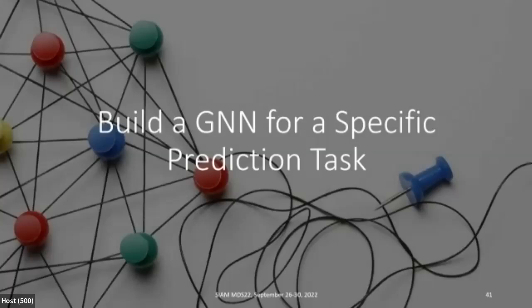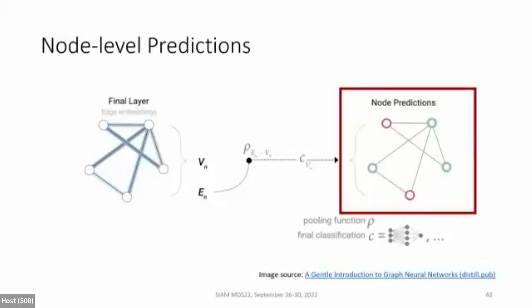The next topic I'm going to talk about is how to use this message passing in order to build a graph neural network for a specific prediction task. We already saw the node level predictions, the edge level predictions, and the graph level predictions.